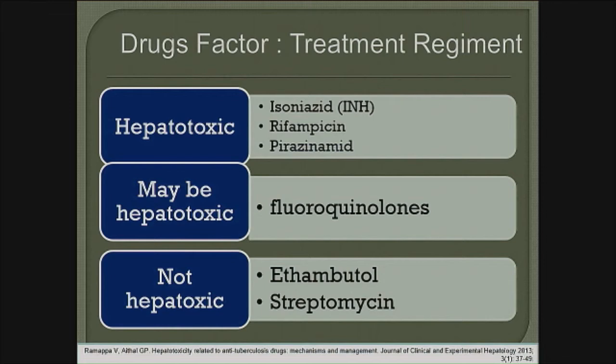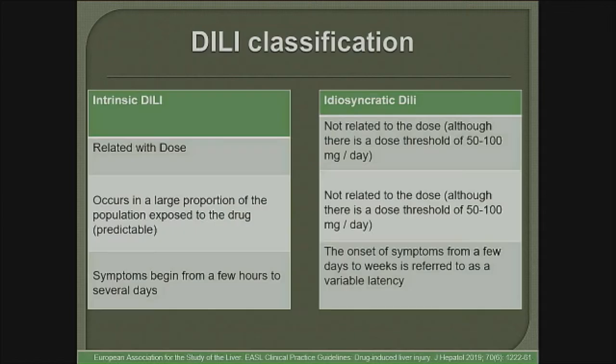So we discussed the drug factor, the treatment regimen. There are hepatotoxic drugs like isoniazid, rifampicin, and pyrazinamide, maybe hepatotoxic ones like fluoroquinolones, or non-hepatotoxic ones, for example ethambutol and streptomycin. The previous speaker also mentioned intrinsic DILI and idiosyncratic DILI.